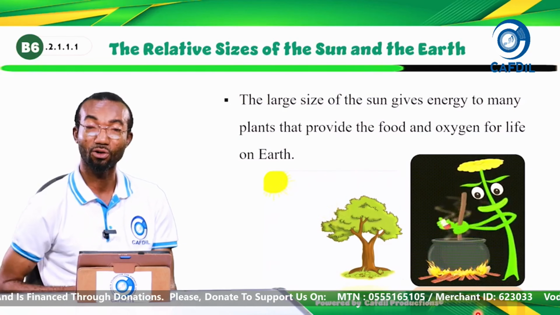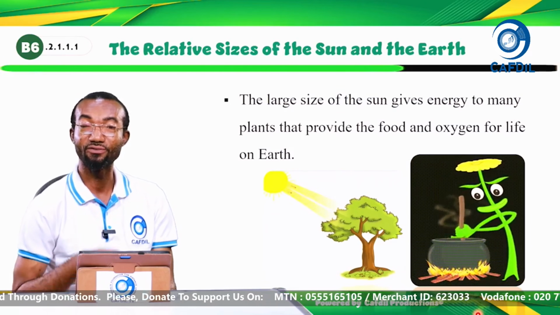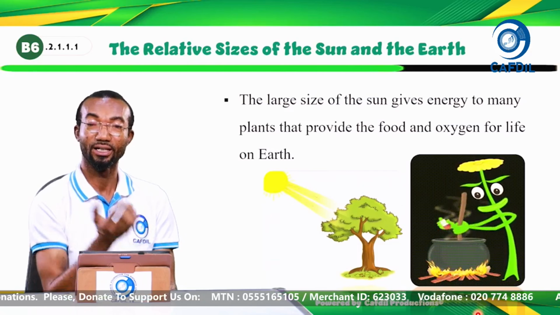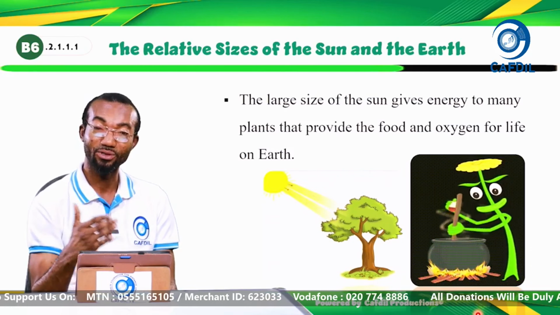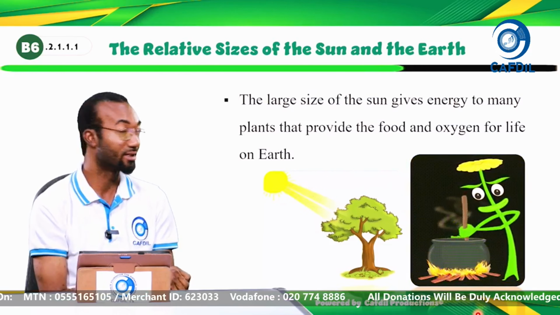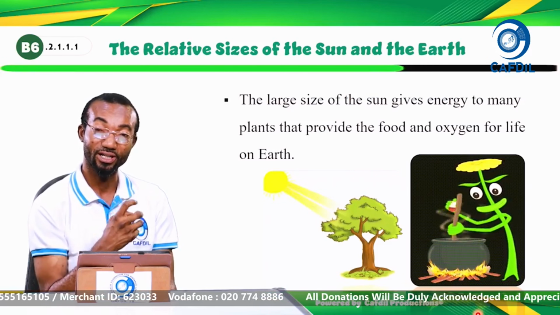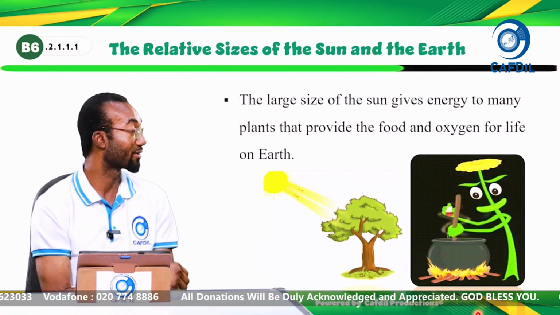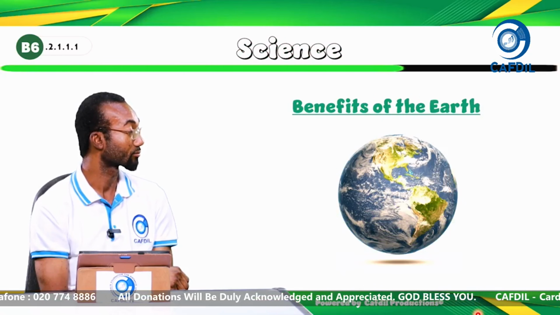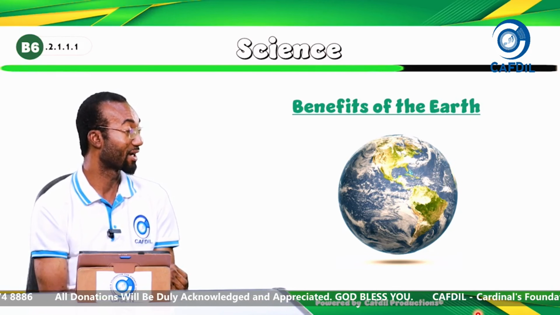When plants prepare their food, they give out oxygen as waste. That is what we take in to break down the food we eat and give us energy to work. So the big size of the sun gives the plants energy to provide food, and we also benefit from it.